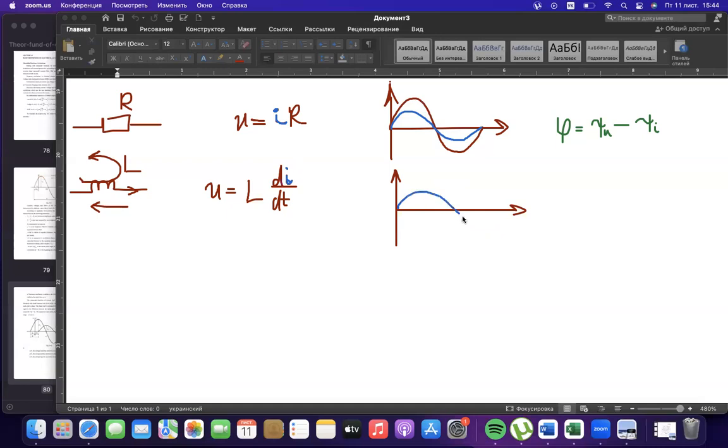Then the derivative of a sinusoid gives us cosine, and cosine is moved compared with sine by 90 degrees. If sine of 0 equals 0, then cosine of 0 equals 1. So we have a shift angle of 90 degrees between these two curves.